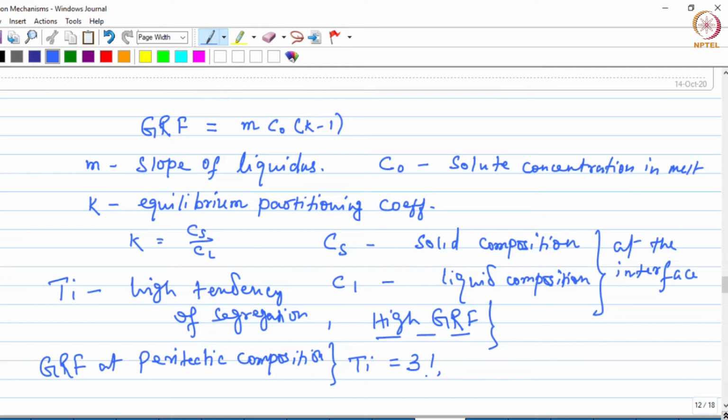Whereas for other elements such as zirconium and chromium, it is much lower. For zirconium, it is 5, and for chromium, it is only 0.5.